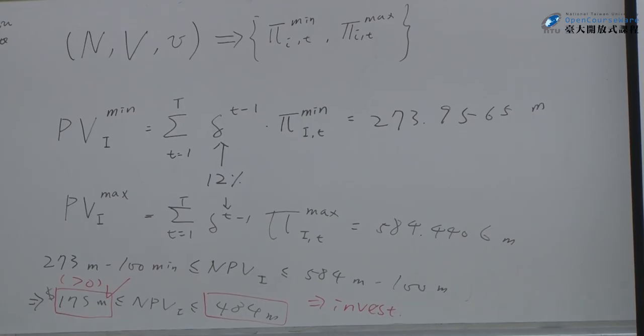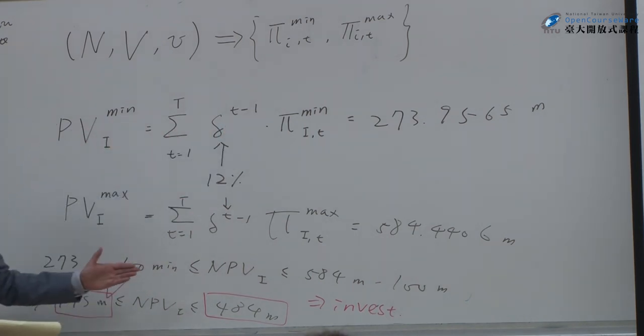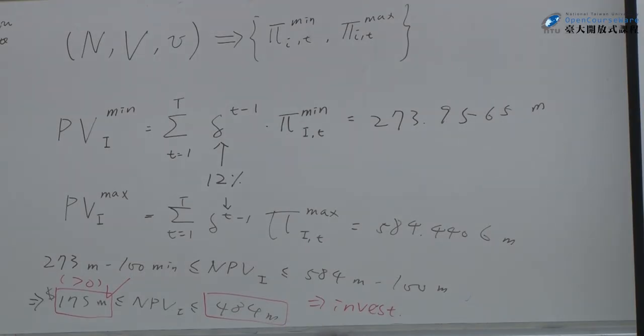Now, we spent a lot of time to specify value alternatives and inputs for this value capture model. After getting pi minima and pi maxima using the linear programming output, we can calculate the possible range for NPV. And we know this project will generate value for the innovator from 175 to 485 million.